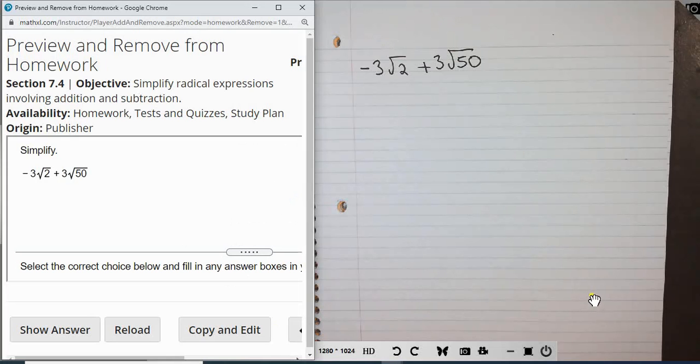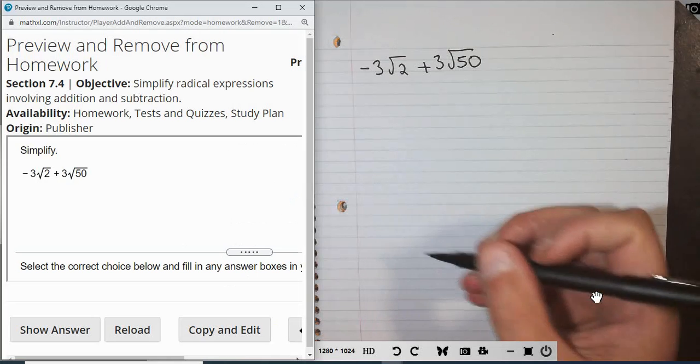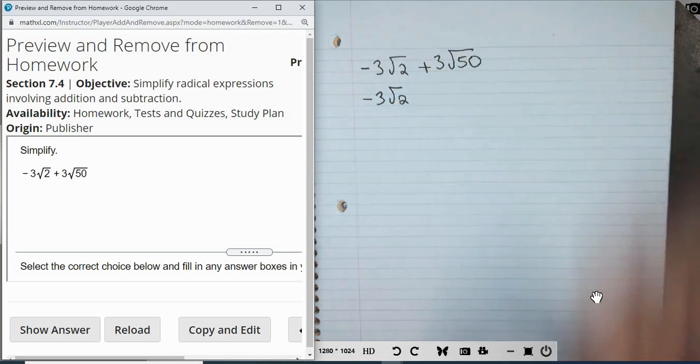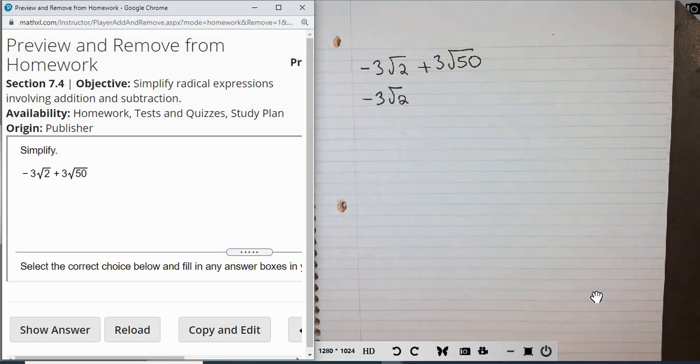So let's go ahead and proceed with our next steps on this particular one. We'll just bring down the negative 3 square roots of 2 here. And what we're going to do is factor that 50, in such a way that what we're looking for is a square factor. 1 and 50, and 5 and 10 are also factors of 50, but what we're looking for is a perfect square factor.